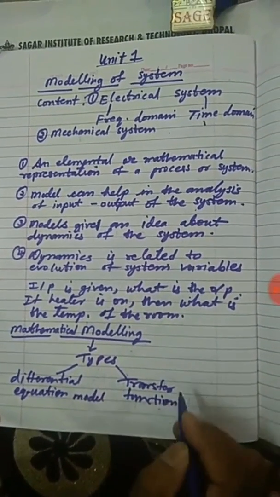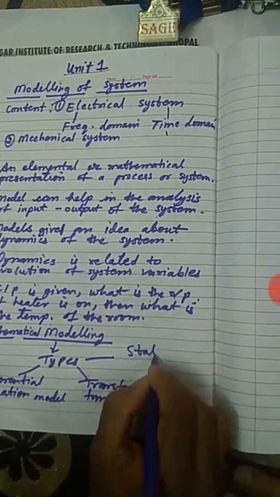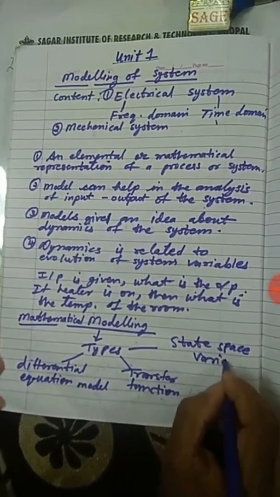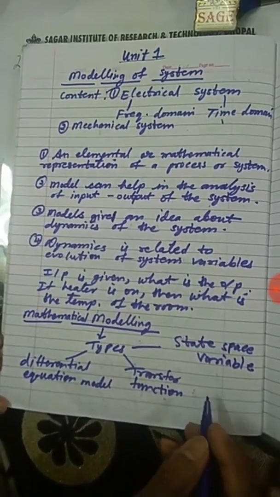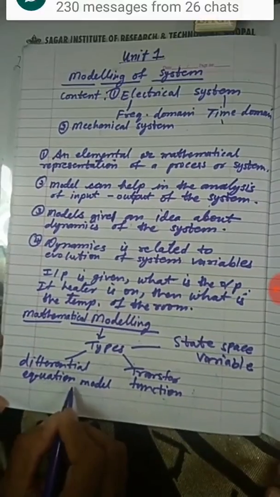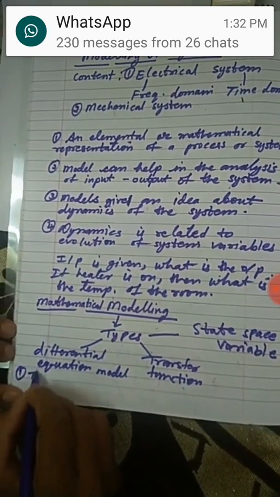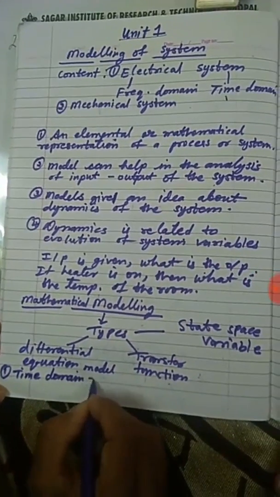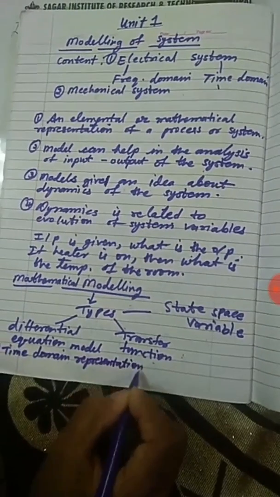The modeling can also be done by calculation of the transfer function and state space variable. So these three methods are used for the modeling of the system. The differential equation models, in this the time domain representation of the system is taken.